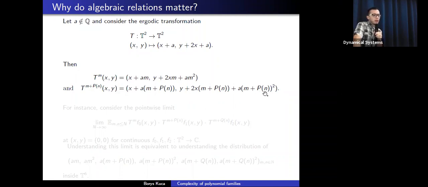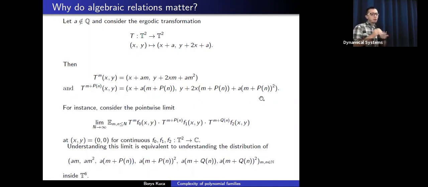Okay. So let's now see what happens if we look at the pointwise limit of the following expression at the point (0, 0). Okay, and the functions are continuous. So it's all nice here. So by Weyl's equidistribution theorem, it turns out that understanding this limit is equivalent to understanding the distribution of the following sequence inside the 6-dimensional torus.